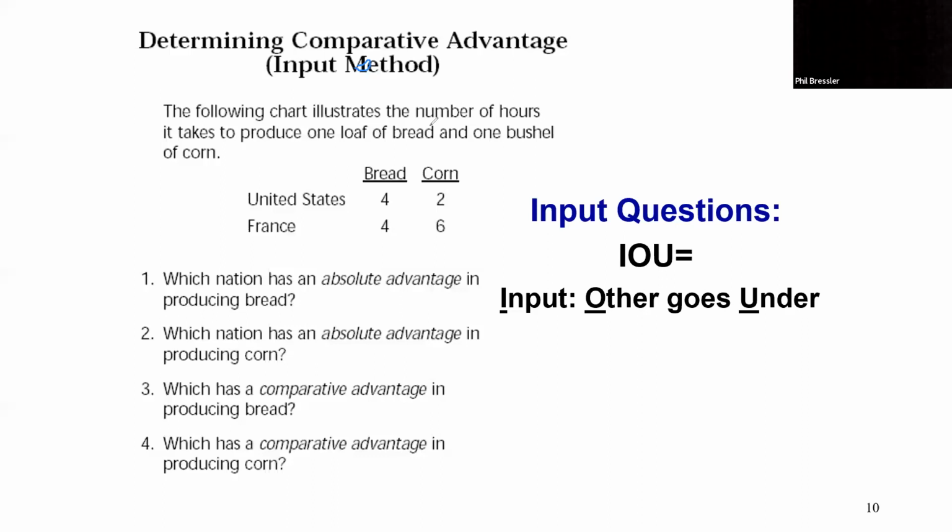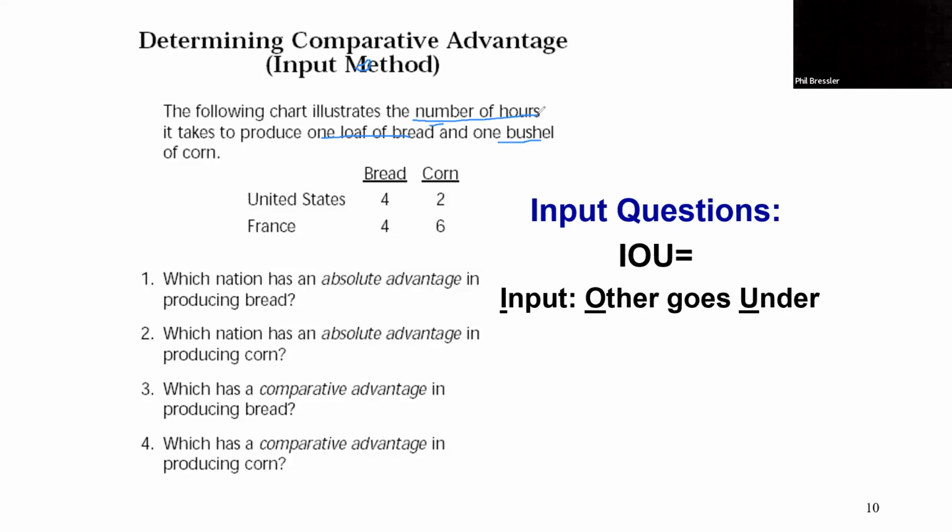The number of hours it takes. Notice 1 loaf of bread, 1 bushel of corn. We're not measuring how much corn. We're saying 1 bushel. What's changing is the number of hours it takes to make it, which makes it an input. All right. So input is other under.